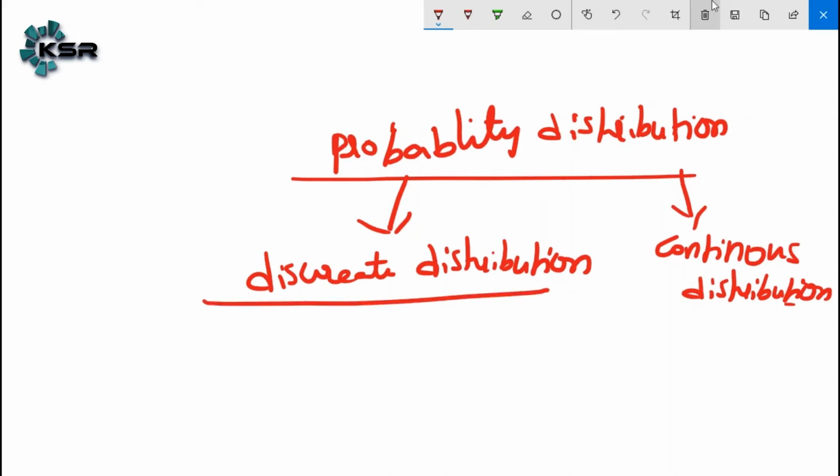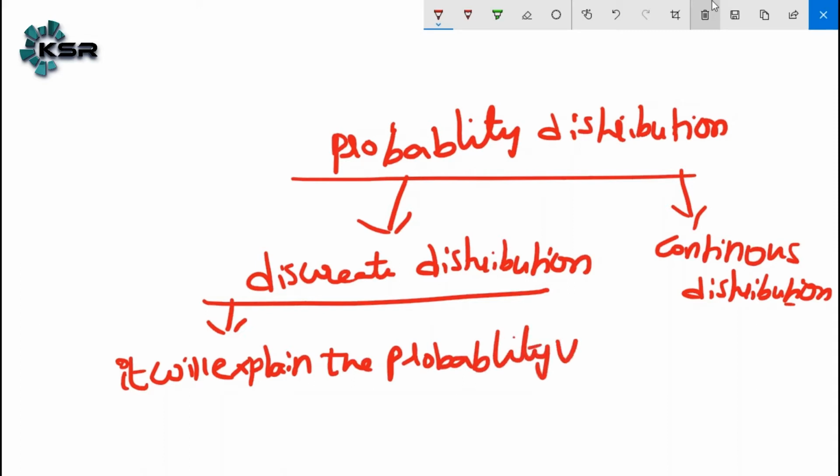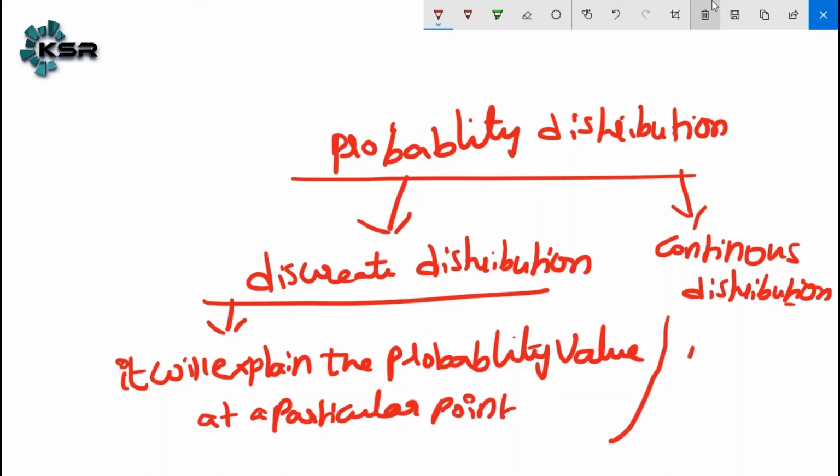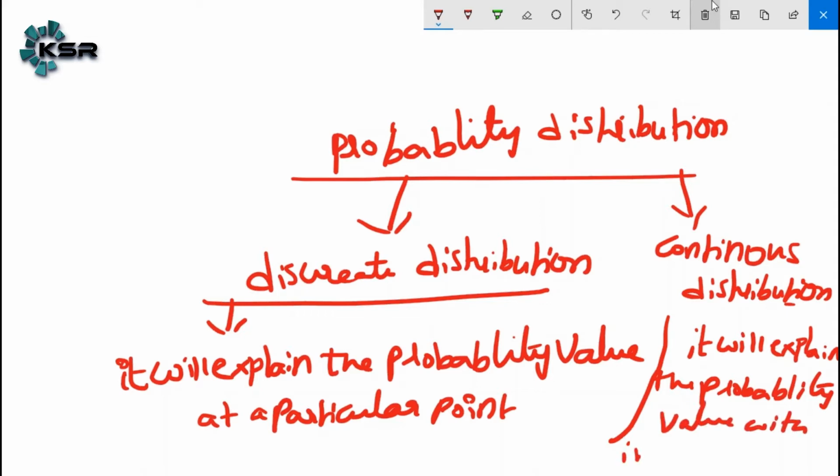Discrete distribution is nothing but it will explain the probability value at a particular point.